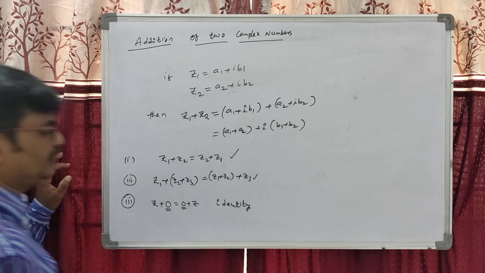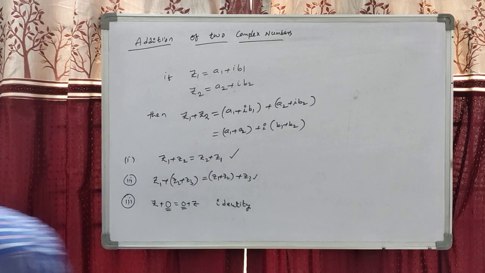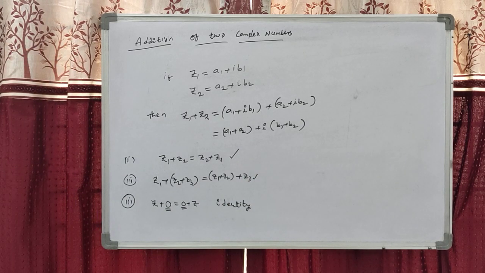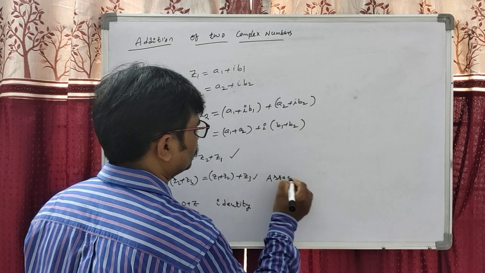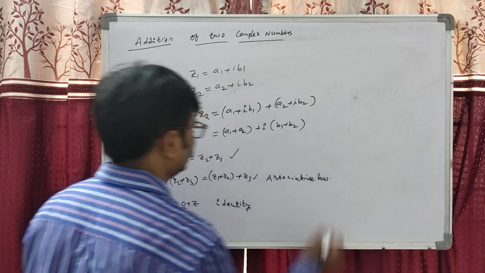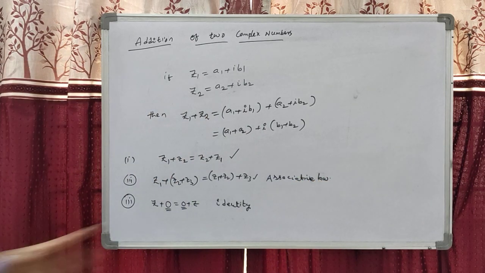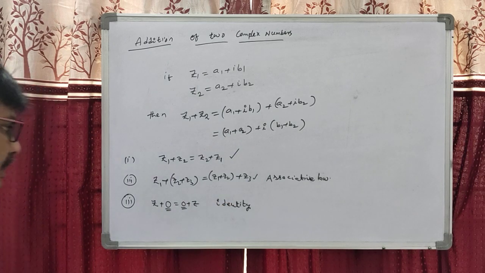So this is the associative law: Z1 plus Z2 plus Z3 equals Z1 plus Z2 plus Z3. That is called the associative law.